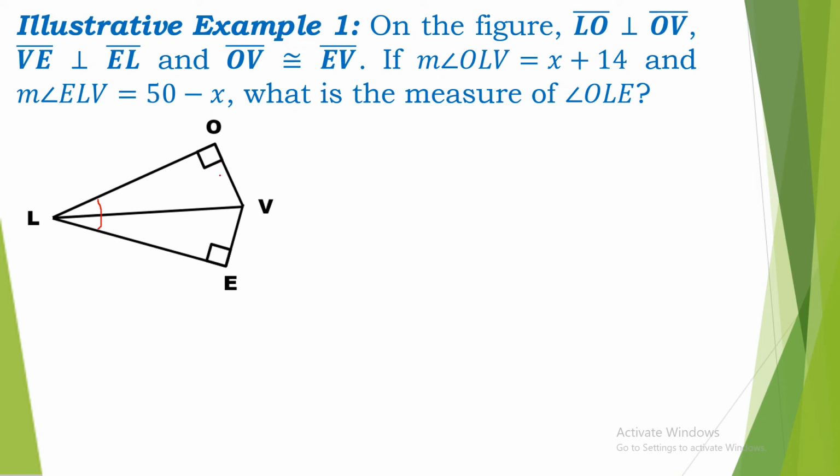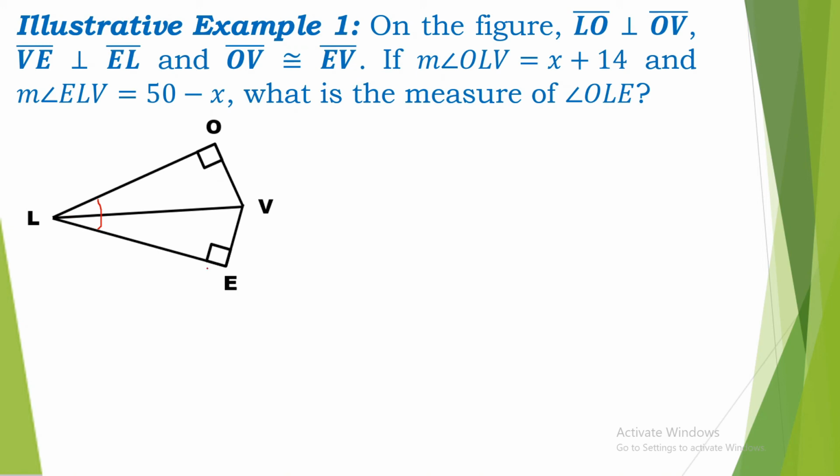Now, from the given, since LO is perpendicular to OV and VE is perpendicular to EL and OV is congruent to EV, by the angle bisector theorem, we can say that segment LV is an angle bisector of angle OLE.